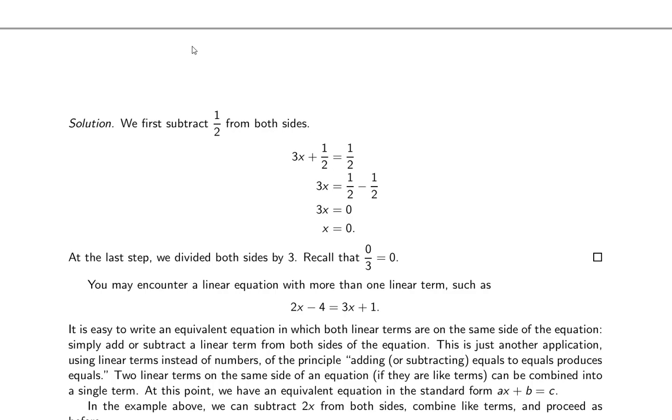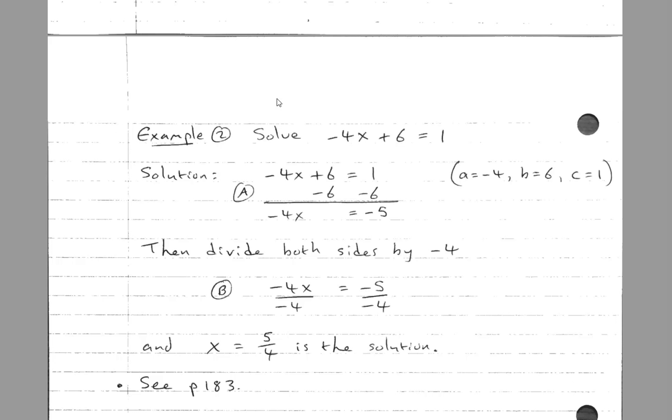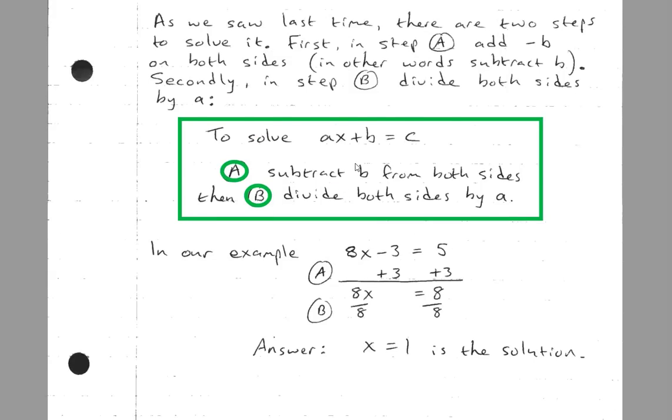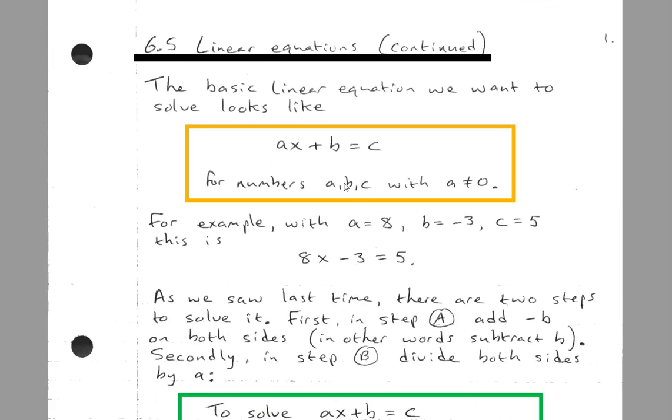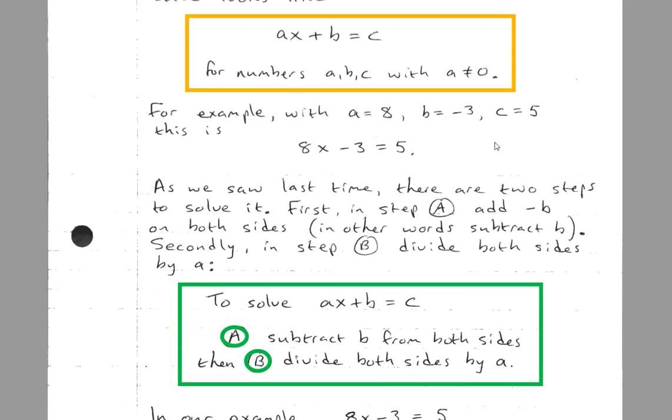All right, so those are examples of the basic equation with different numbers. Yeah, a, b, and c can be positive, negative. They could be fractions, decimals.